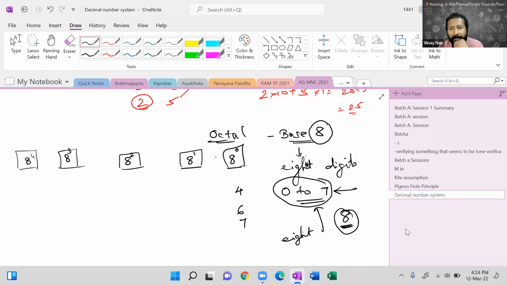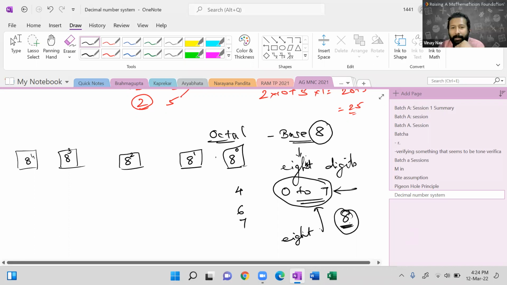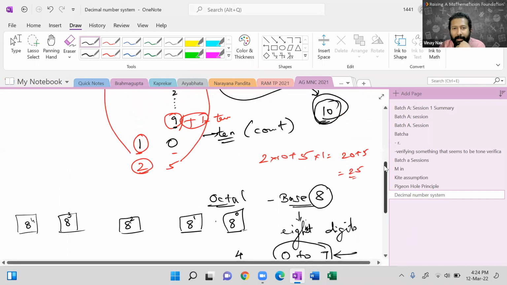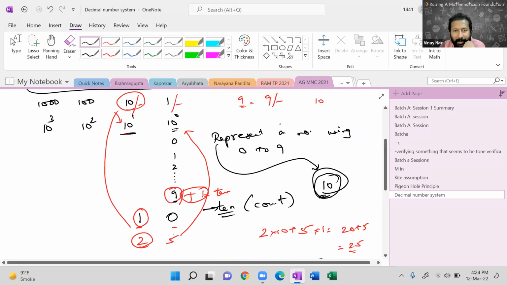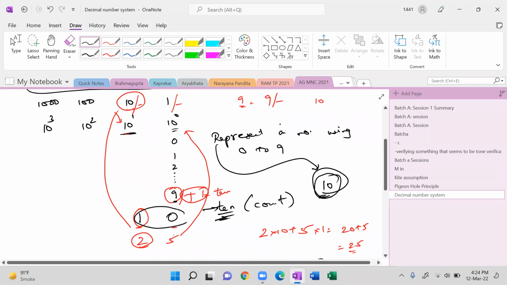What do you think? Sir, 7 plus 1. Yes, 7 plus 1, but how will I write it as a number? For example, in the previous case, to represent the number ten, we wrote it as 1, 0. Why did we write 1, 0?